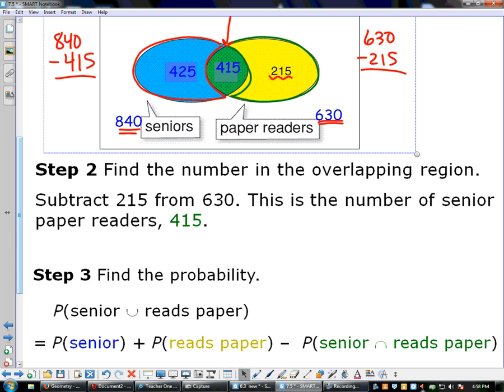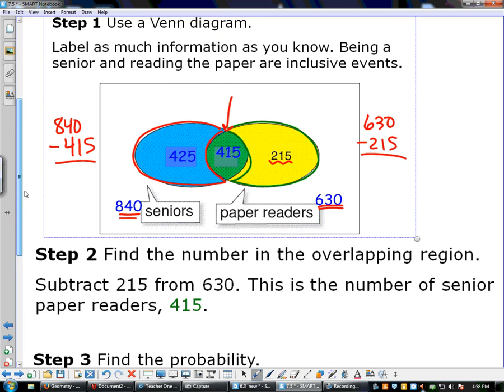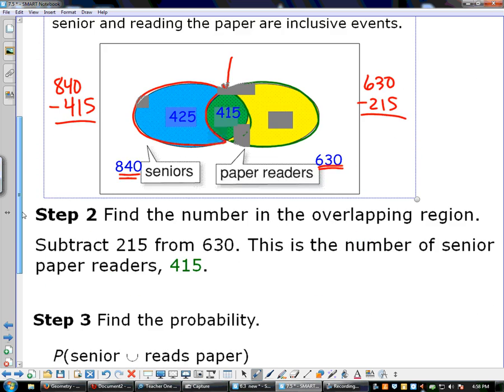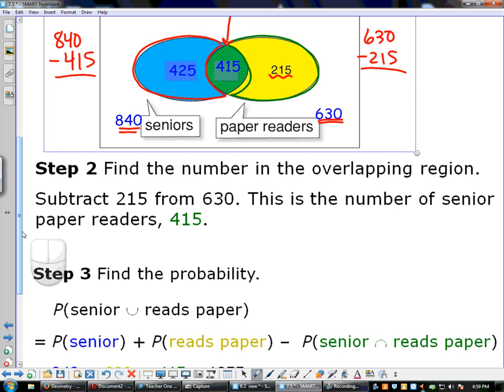So in order to get that, we look at our Venn diagram. The probability that you pick a senior is going to be a total of 840 over 1,560.